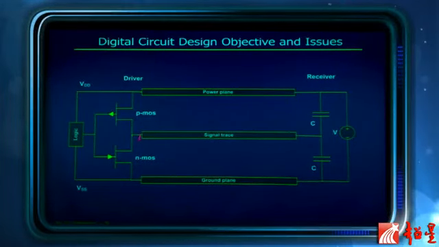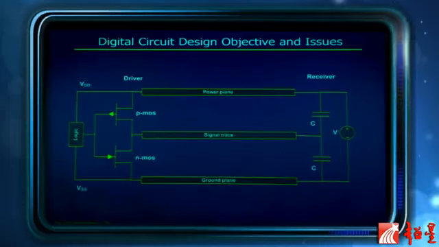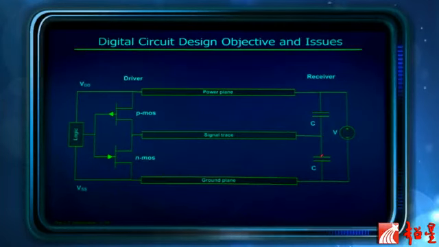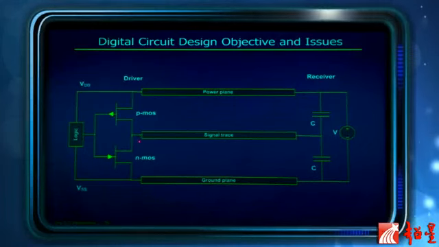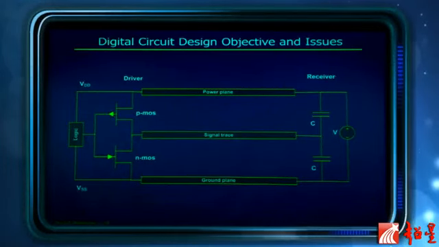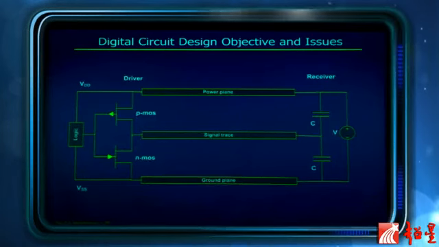For example, the driver itself may not be ideal. It may not be able to generate a very good signal. The receiver may not be ideal either, and may cause some distortions. On the trace there might be reflections, and there might be interference from other traces, so noise may be added to the trace.